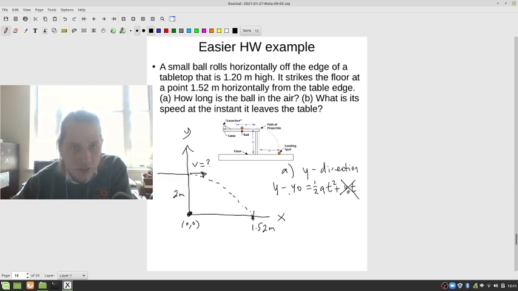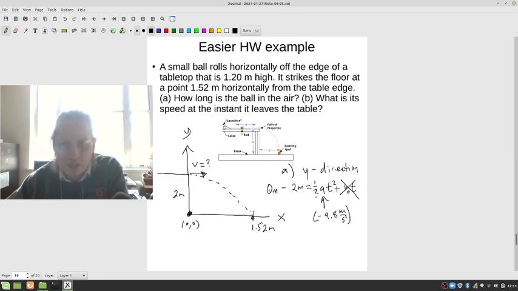The initial position in y is not 0. Your final position in y is going to be right there, 0 meters. And your acceleration is our trusty old minus 9.8 meters per second squared.